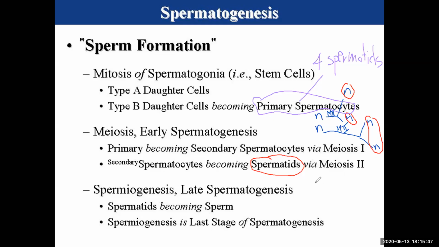And what is amazing about these spermatids, each spermatid is genetically unique. These 4 spermatids are not genetically identical. They are dissimilar from one another. Not only are they different from one another, they are also different from the parental primary spermatocyte.